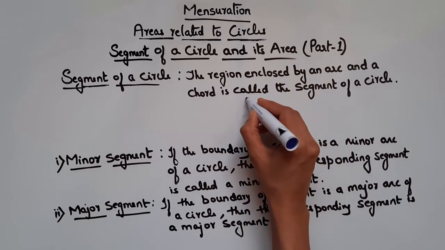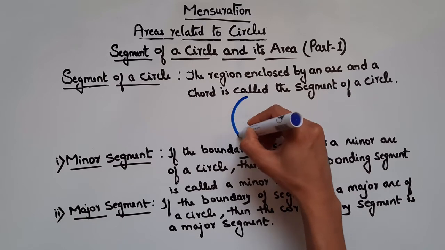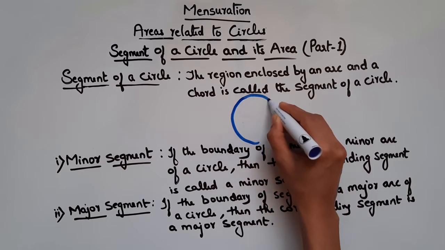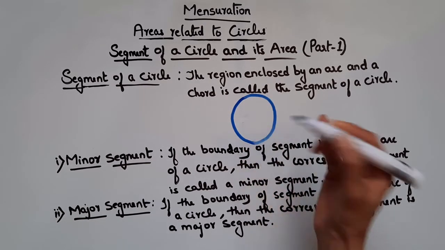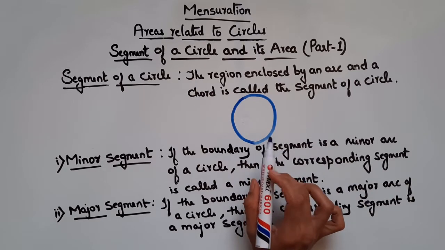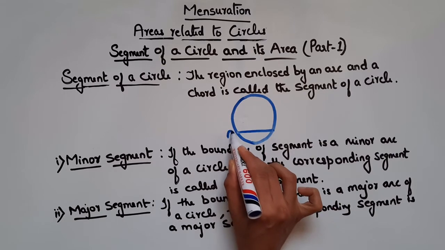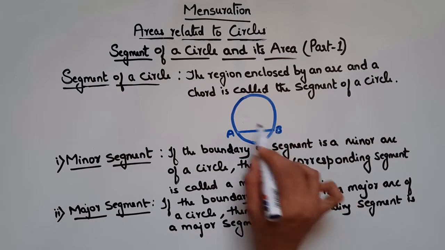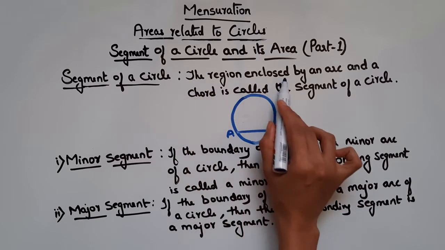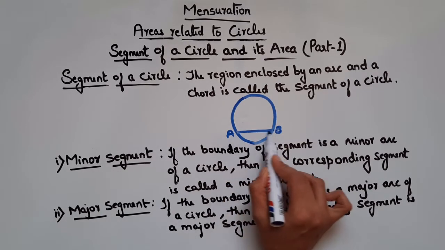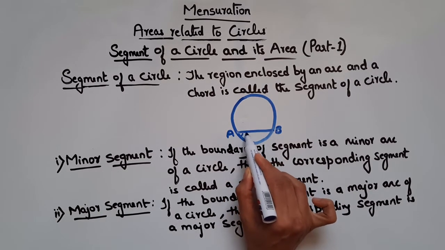So first let's draw a circle. So we have a circle. Let's draw chord AB anywhere in the circle. So we have a chord AB. Here it says the region enclosed by an arc and a chord. That means this region, right?